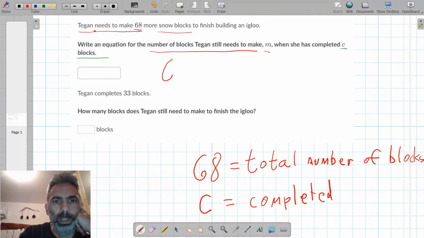Okay, so 68 is her goal. She has finished C blocks, so 68 minus C, we get the number of blocks she still needs to make out of this 68.